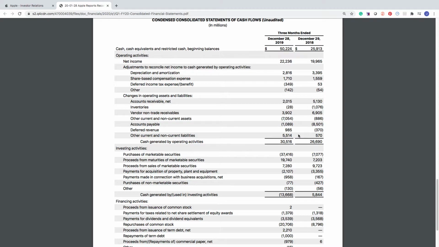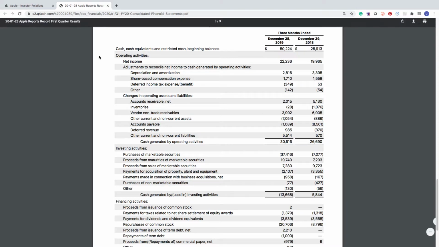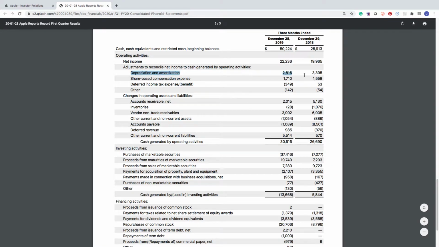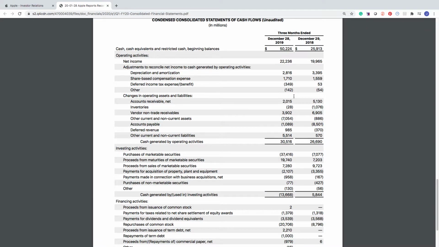What I will say is that, similar to depreciation and amortization, all of these expenses which you see here are other income or expenditure items which are non-cash in nature, meaning they did not actually lead to cash moving in and out of Apple's business, which is why these are being adjusted out of your net income.